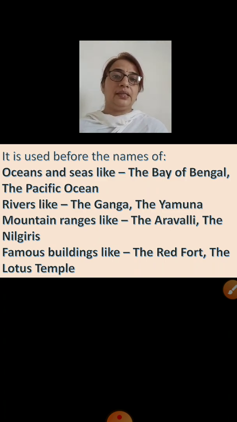And we have seen a few examples of that also, like the Bay of Bengal, the Pacific Ocean, the Ganga, the Yamuna, the Aravali, the Nilgiris, and the famous buildings like the Red Fort and the Lotus Temple.